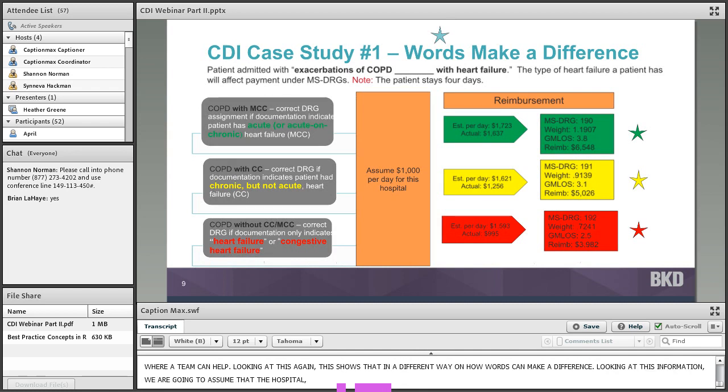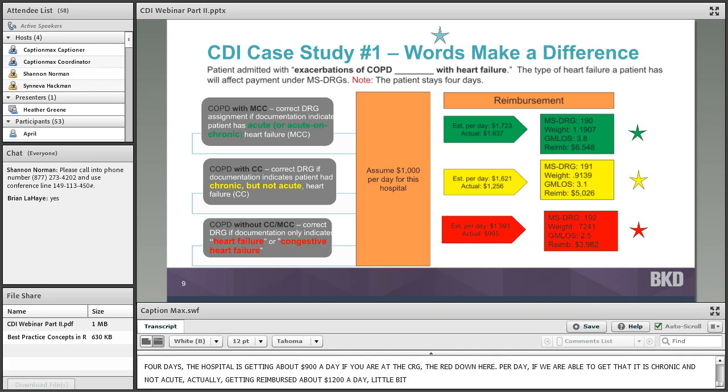Looking at this again, this shows it in a different way on how words can make a difference. Looking at this information, we're going to assume that the hospital cost is $1,000 per day. So when we're seeing this, you can see that if the patient is here for 4 days, the hospital is getting about $900 a day if you're at the DRG, the red down here at 192.